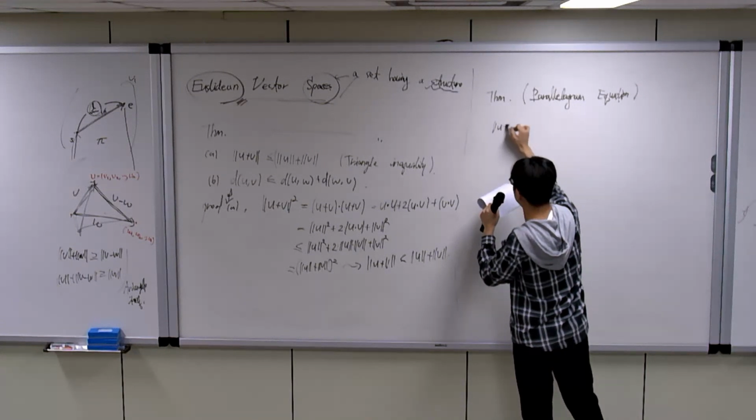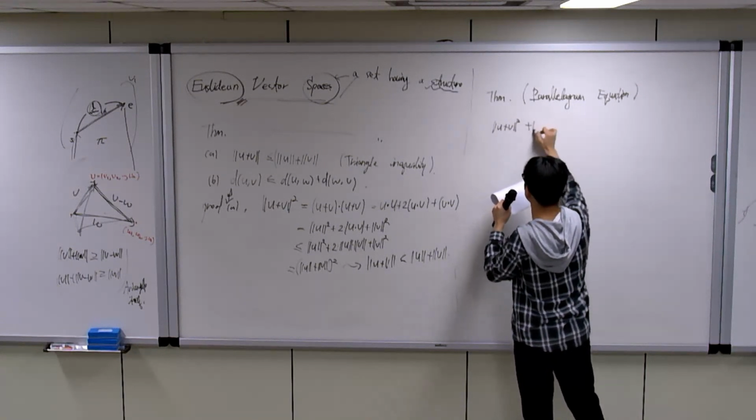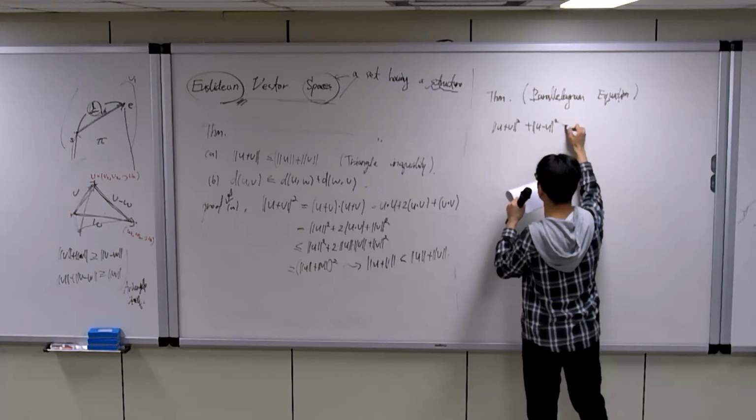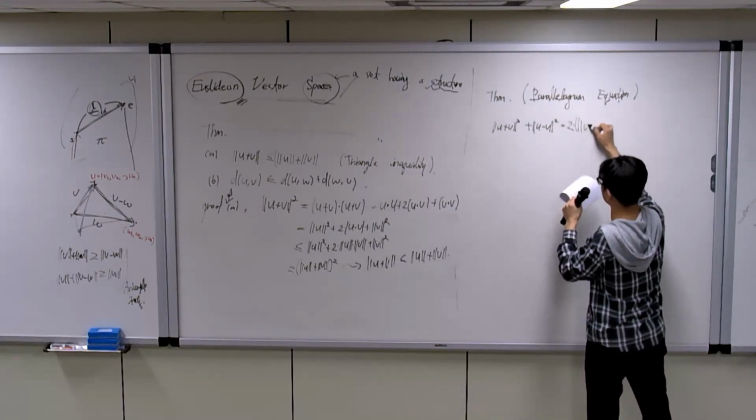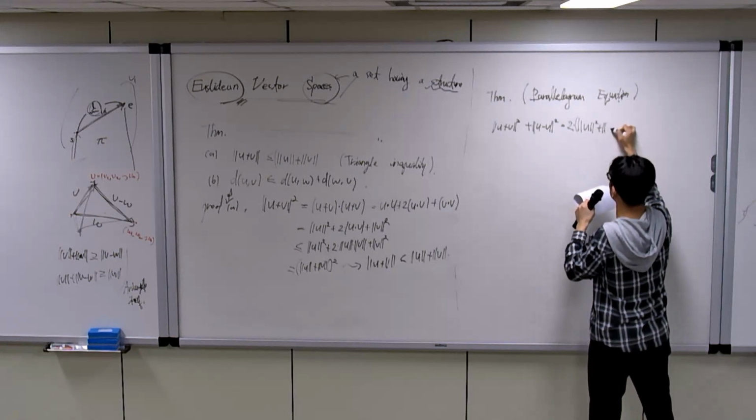Then the norm of u plus v squared plus the norm of u minus v squared is 2 times the norm of u squared plus the norm of v squared.